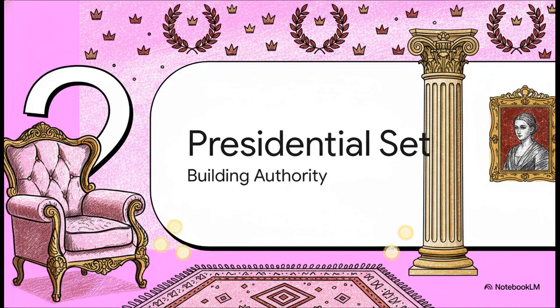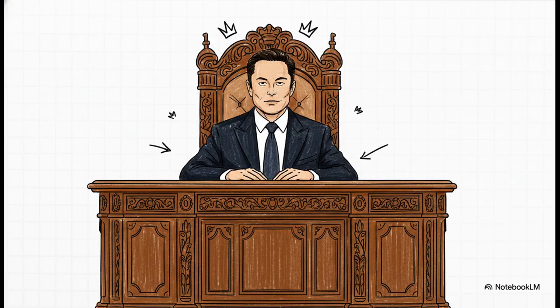Moving on to Part 2, crafting the presidential set, or building authority. Now, what's really interesting here is that the prompter isn't just saying, hey, put them in a generic room. They are meticulously designing a very specific vibe. Notice the precise targeting here. The prompt specifically asks for an Elon Musk look-alike and drops this digital clone squarely into a luxurious presidential-style office.